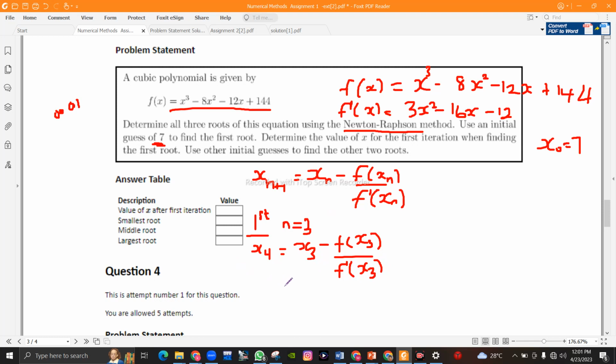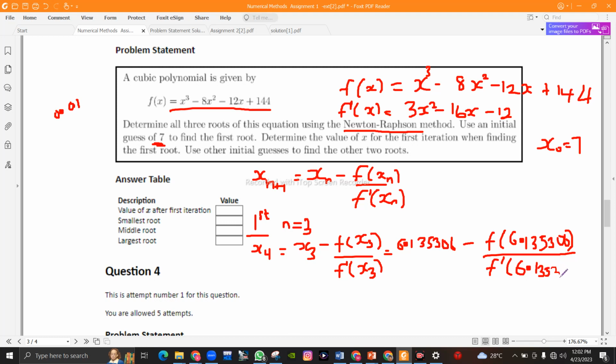So what's our x3? Our x3 was 6.135306. So that will be 6.135306, that's our x3, minus f of that value, 6.135306, divided by f prime of 6.135306.